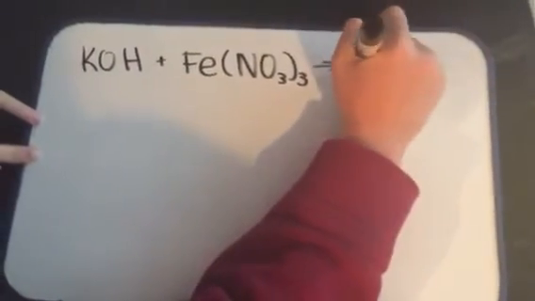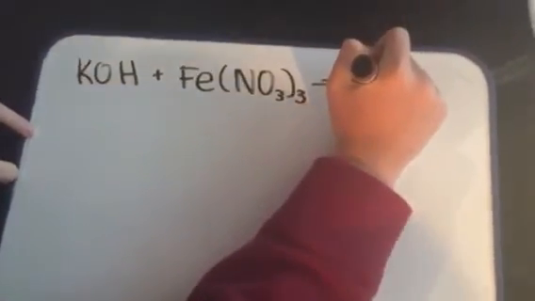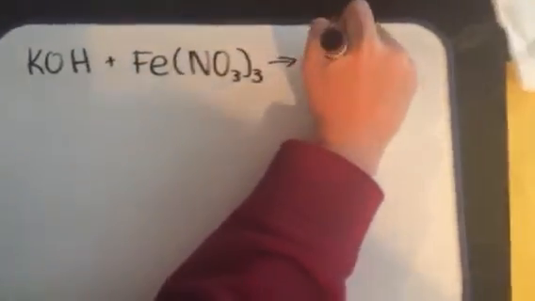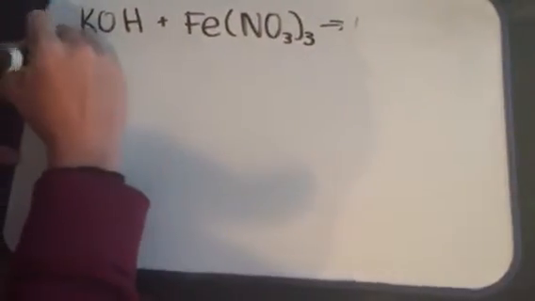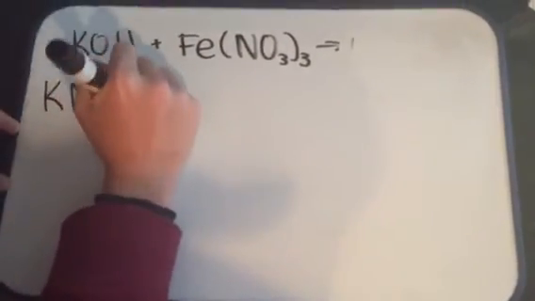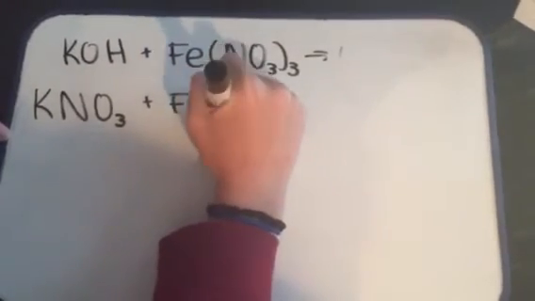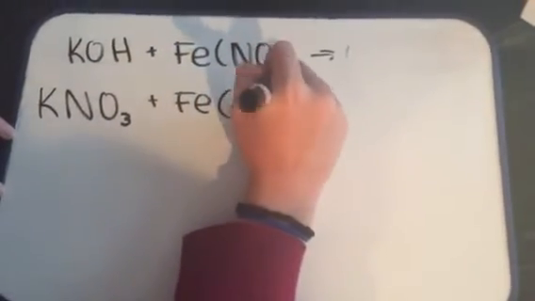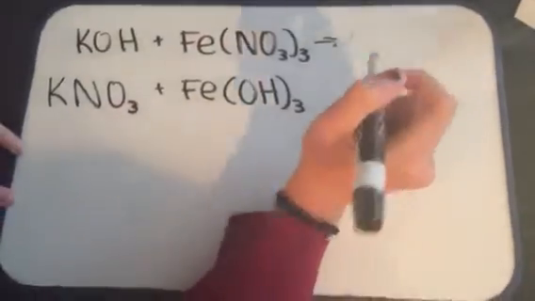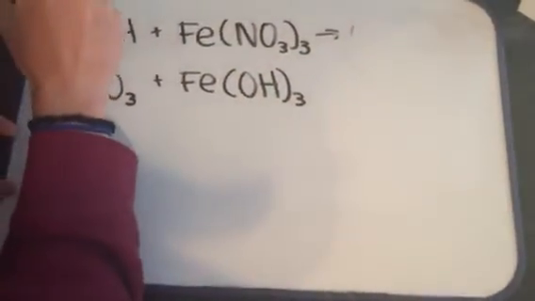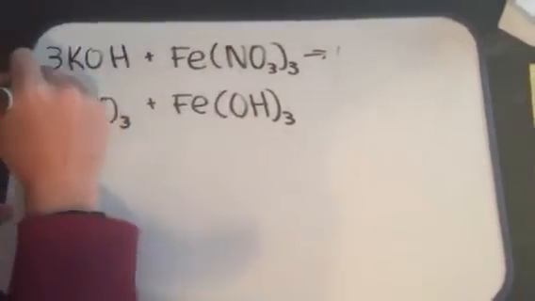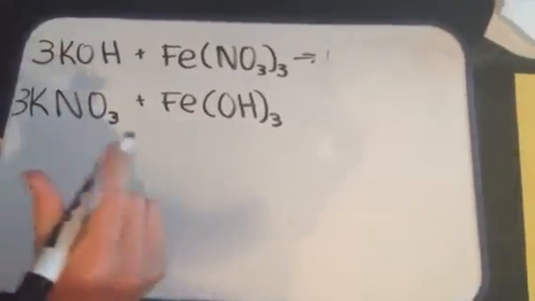And then you make the solutions. So KNO3, I'll do it on the bottom. And then you balance by putting a 3 and a 3.